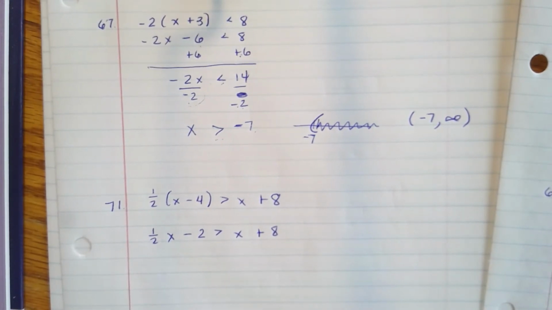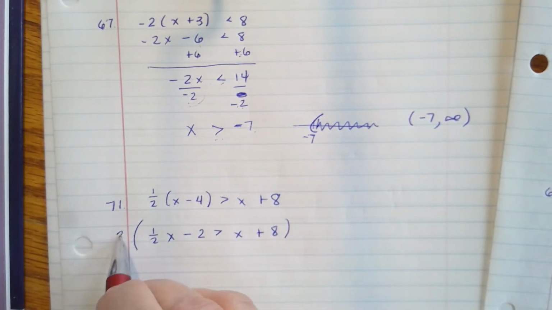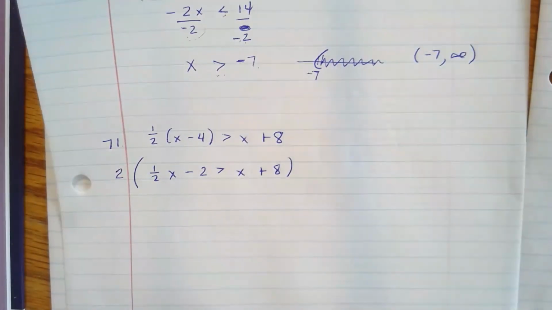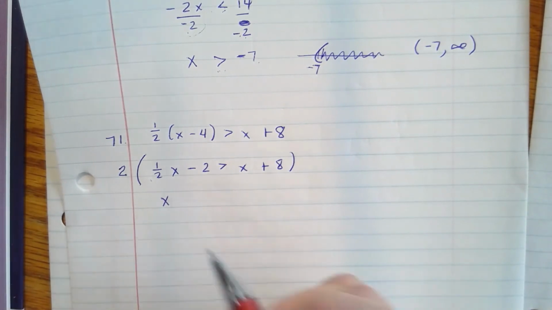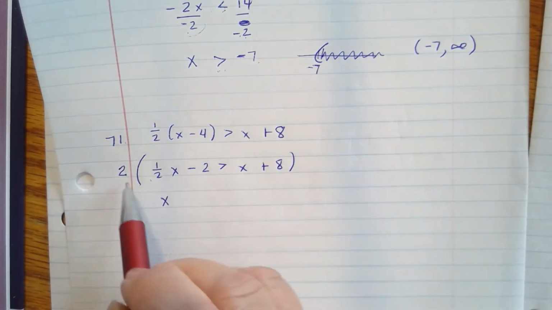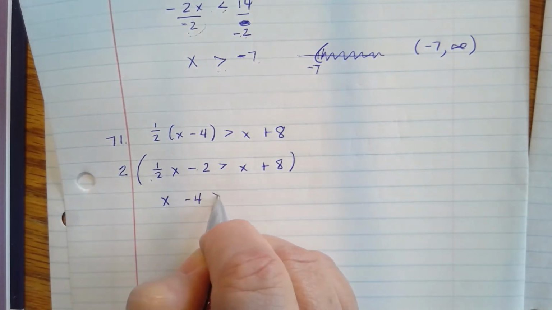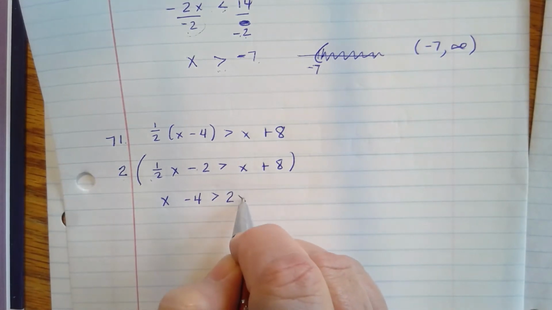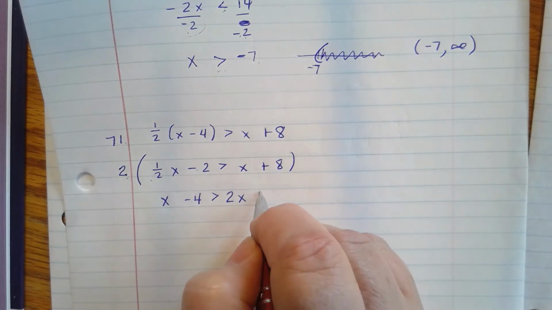If you'd like to, you can remove fractions by multiplying everything by the common denominator. You don't have to do it that way, but for some of you, that will make it easier. So 2 times 1/2 times x is 1x, because 2 times 1/2 is 1. 2 times negative 2. 2 times x. And 2 times 8.